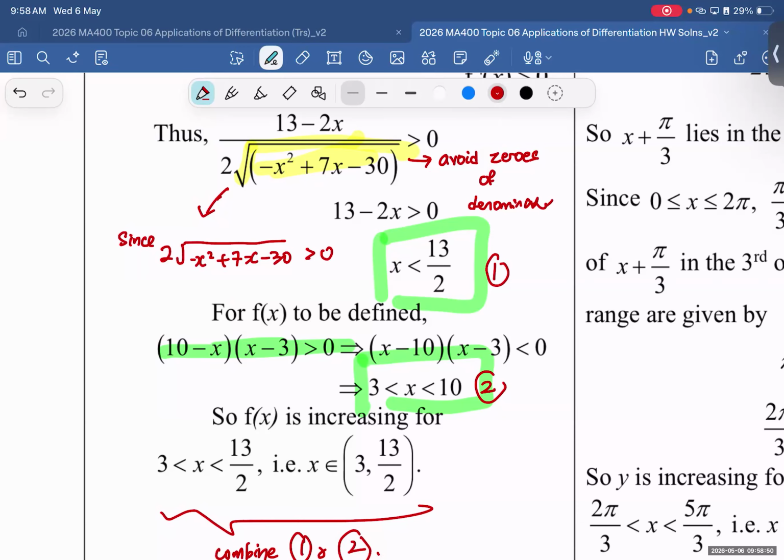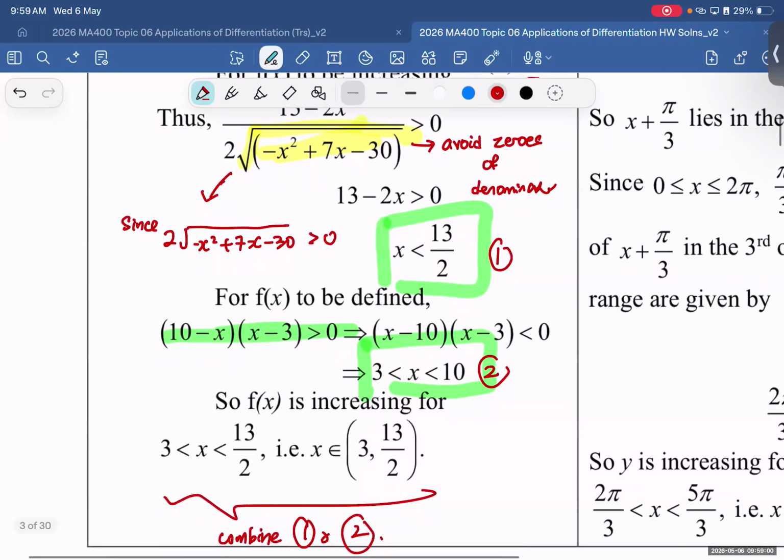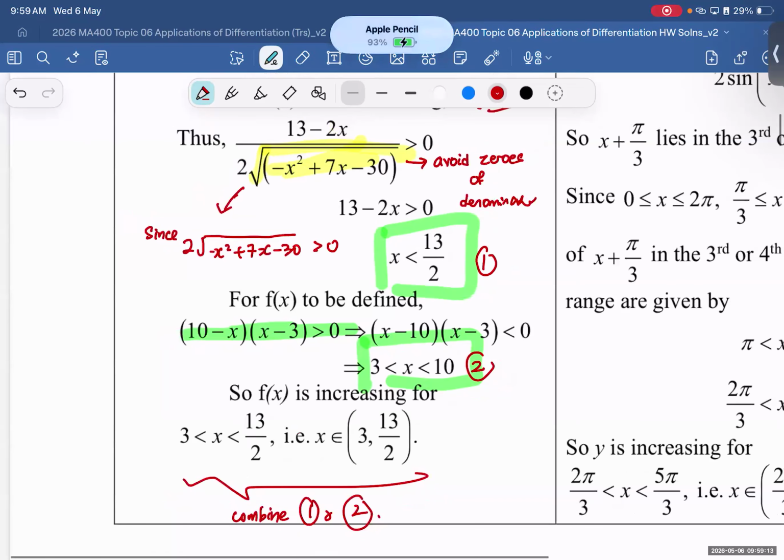This means between 3 and 13 over 2. Or see if you can write this way. 6.5 is okay. Don't write 6.7, Carrie. So far, okay? Yeah.